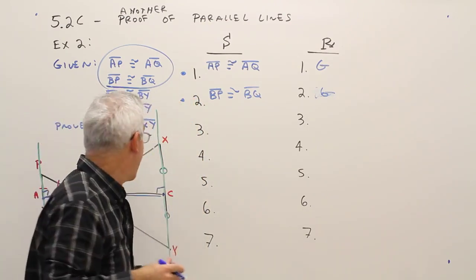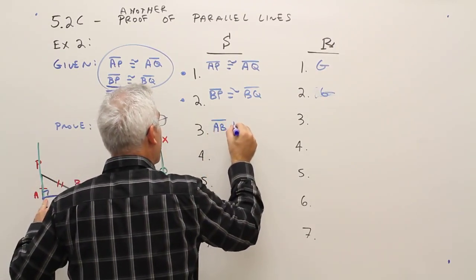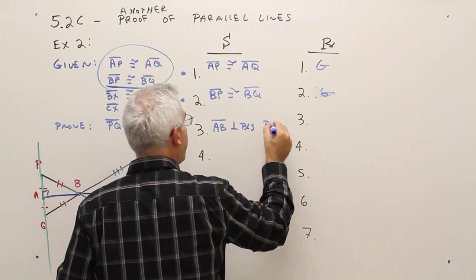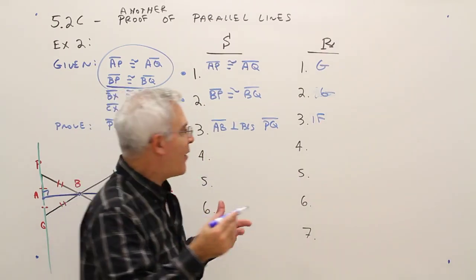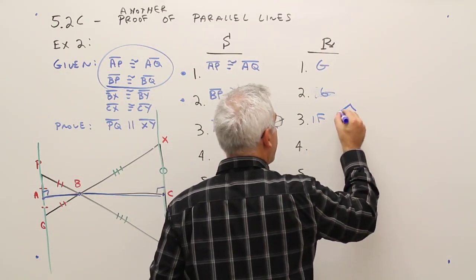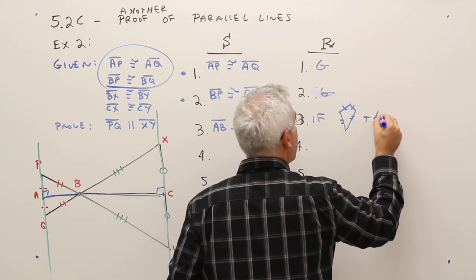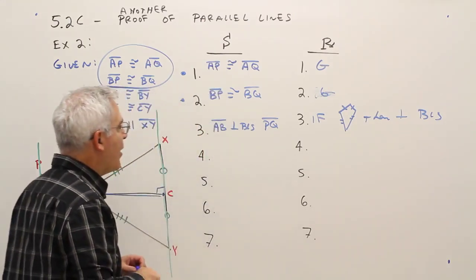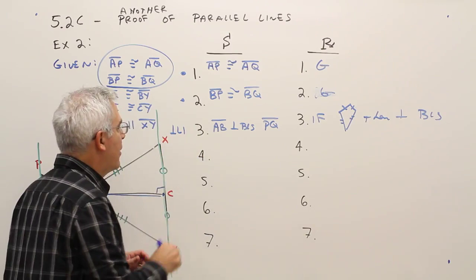So now I can say line AB is a perpendicular bisector of PQ. And I could say, if I call it the kite thing, then perpendicular bisector. All right, so that's perpendicular line 1.